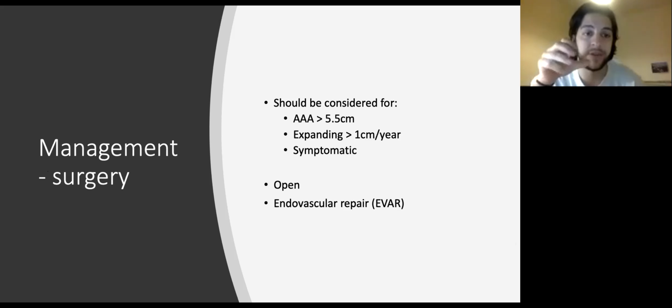So we've mentioned Doppler and duplex ultrasound scans quite a bit, but I think it's quite important to go over what the difference actually is between Doppler and duplex. So a duplex essentially combines traditional ultrasound with a Doppler ultrasound. A traditional ultrasound uses sound waves that bounce off of the blood vessels to create pictures.